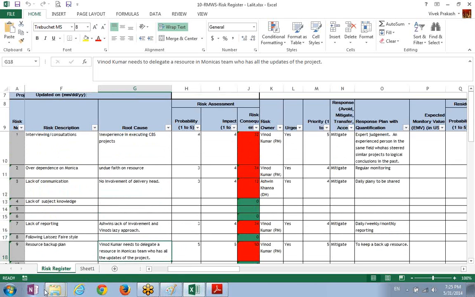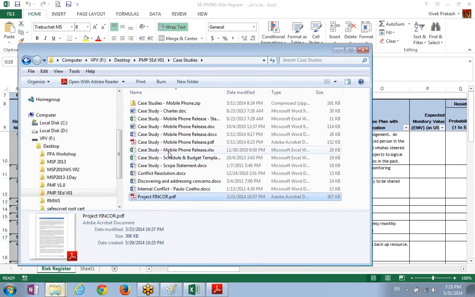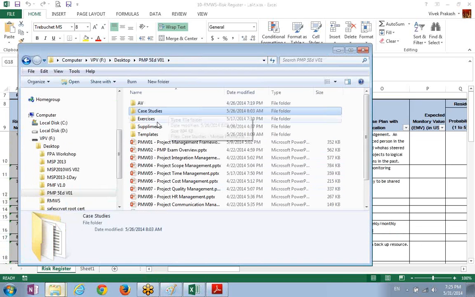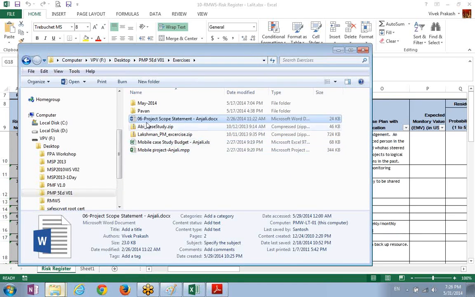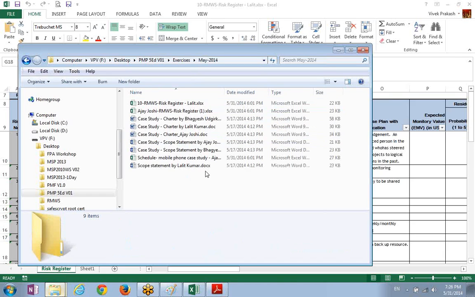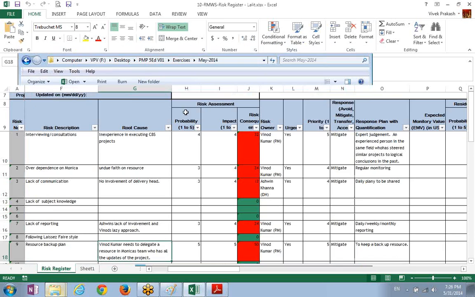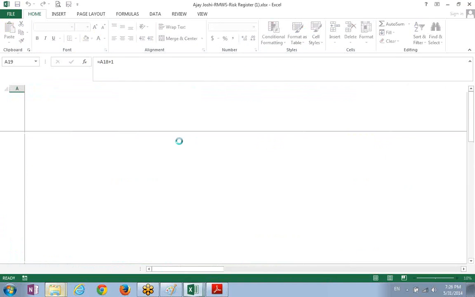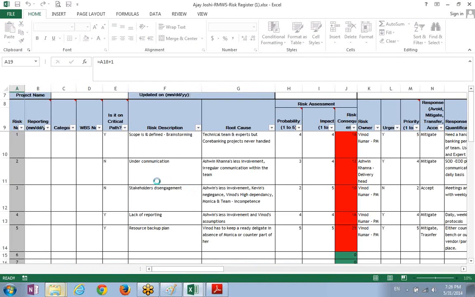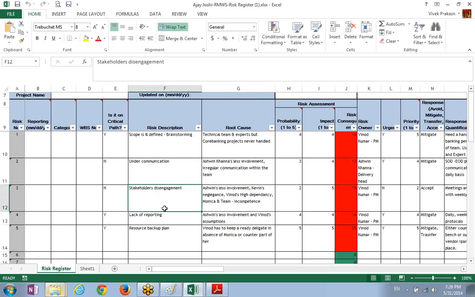Okay, let me open the other one. Scope is ill-defined.